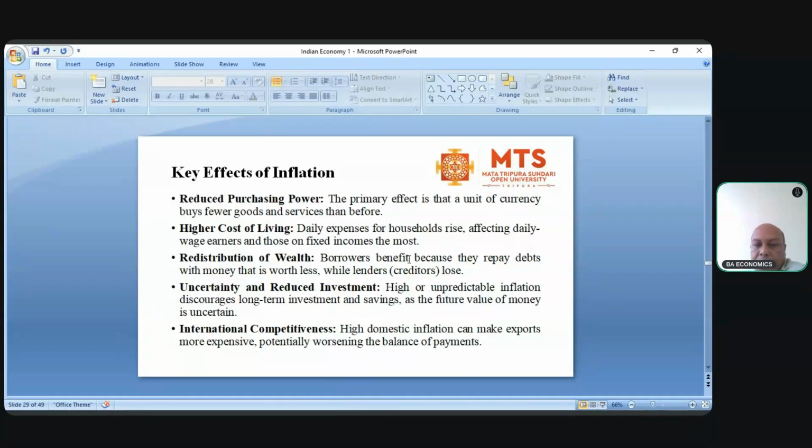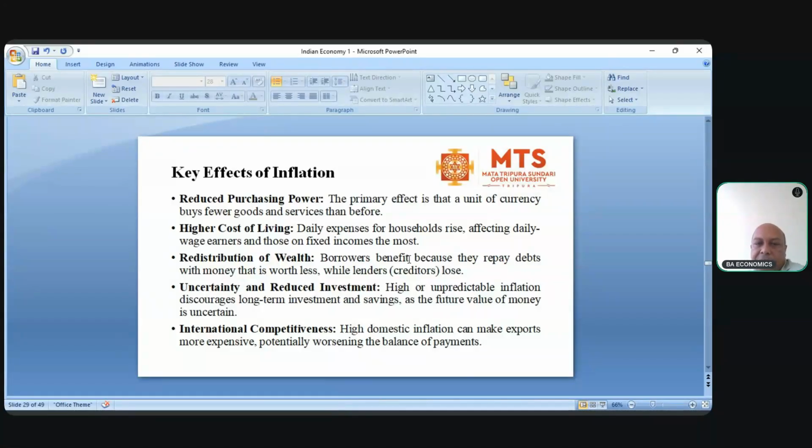International competitiveness. High domestic inflation can make exports more expensive, and it is possible that exports may decline due to high inflation. Due to high inflation, the price of products increases, and it is possible that the country cannot export more products in the international market due to the high price, so it is not good for the balance of payments. The balance of payments may become negative due to high inflation in any economy.